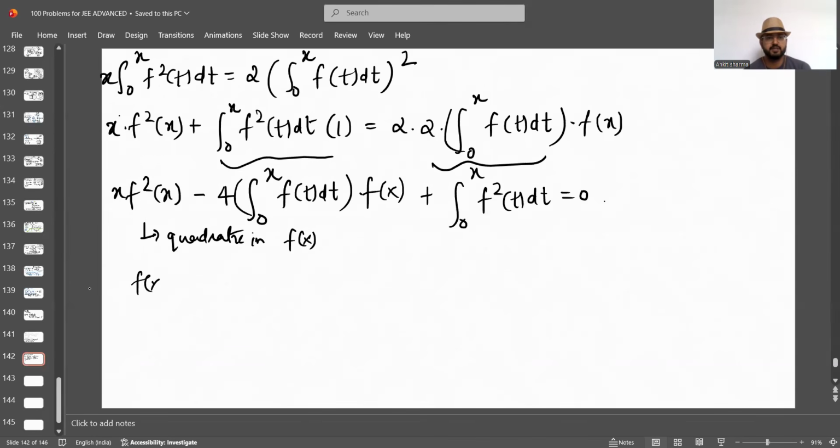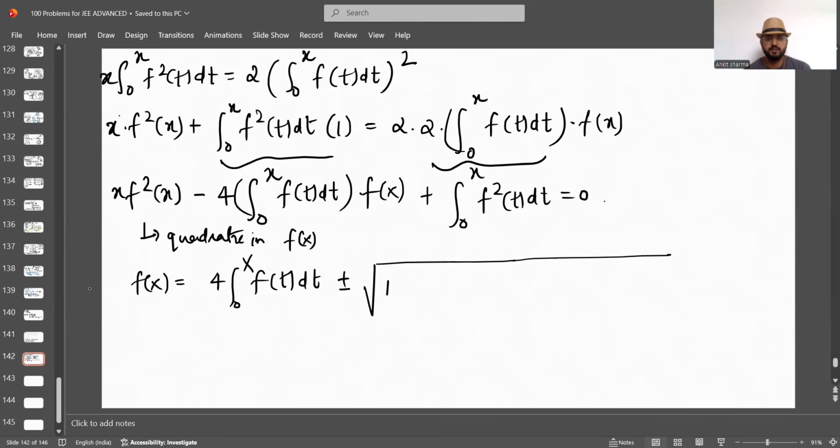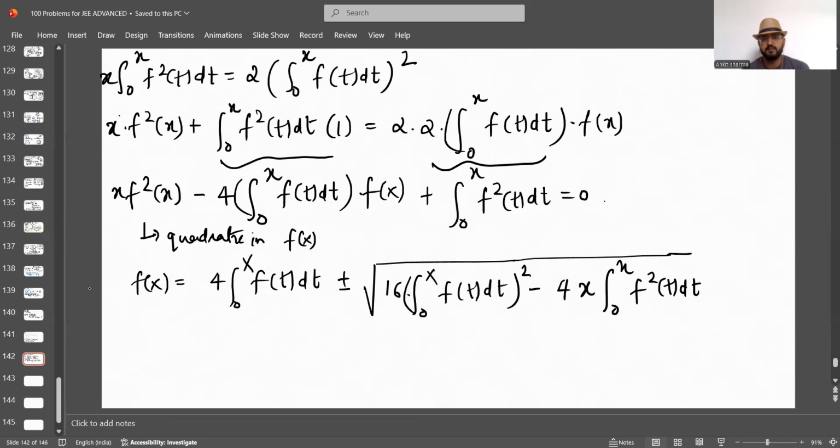That means I could get f of x like this. f of x will be equal to 4 times the integral from 0 to x of f of t dt, and then plus or minus the square root of, this would be b squared, which is 16, times the integral from 0 to x of f of t dt, the whole square, minus, this is going to be 4 times x into the integral from 0 to x of f squared t dt. This will have here 2x.